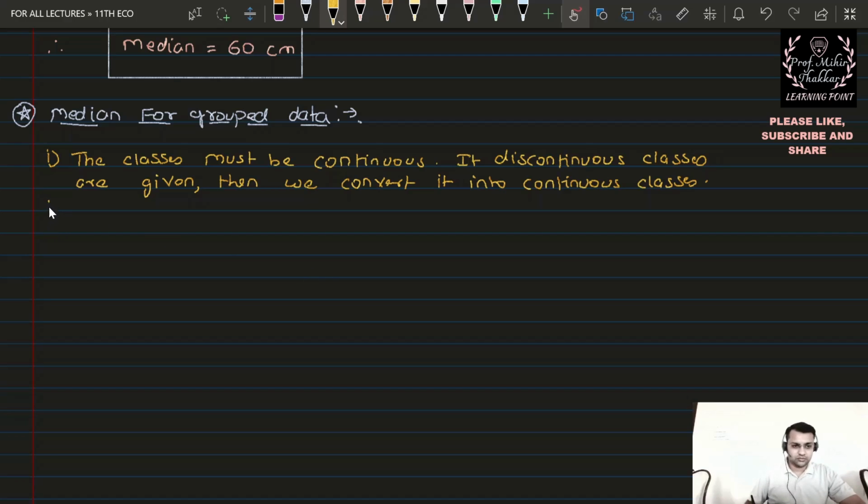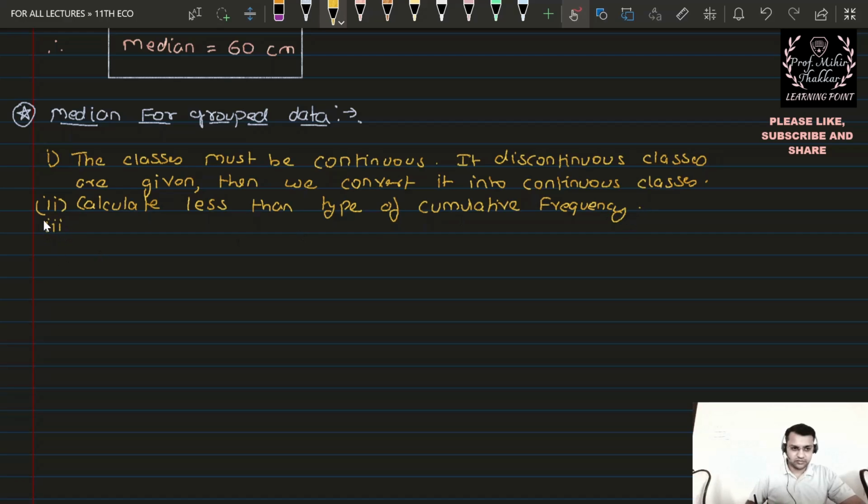Point number two, just as we did in the previous case, calculate less than type of cumulative frequency column.